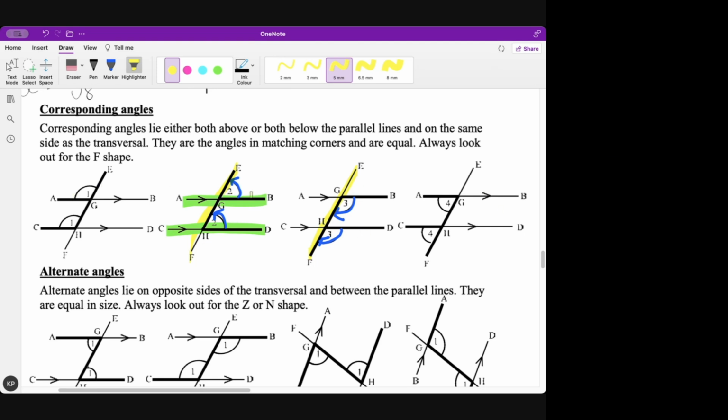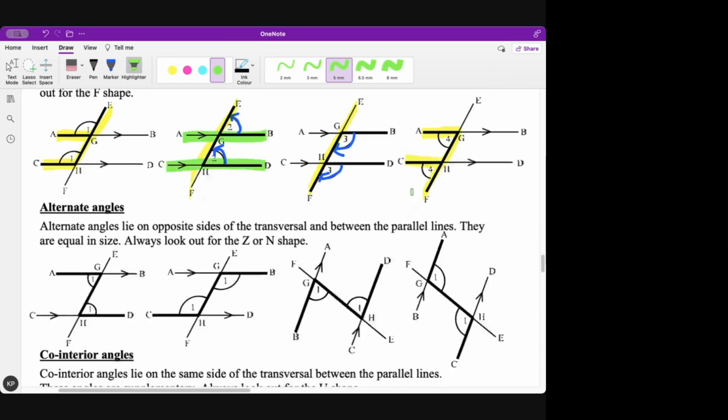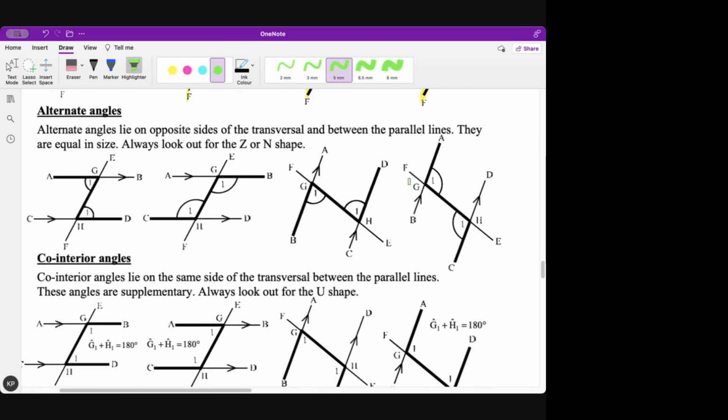In other words, they make an F. Look, this is upside down, but it's still an F. This is the wrong way around, but it's still an F. So those angles will be equal.